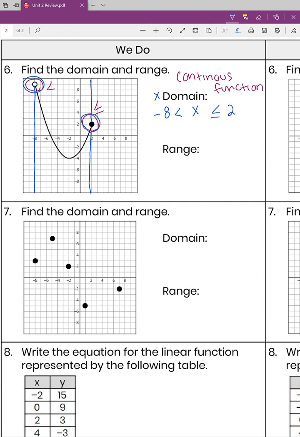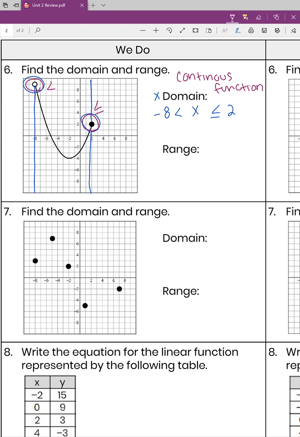Okay, let's do the same thing, but now with range. If I look at this closed dot, I notice on the y's, as far as it goes is +2, right here. If I look at the open dot, as high as it goes is +9. So let's look at the range.